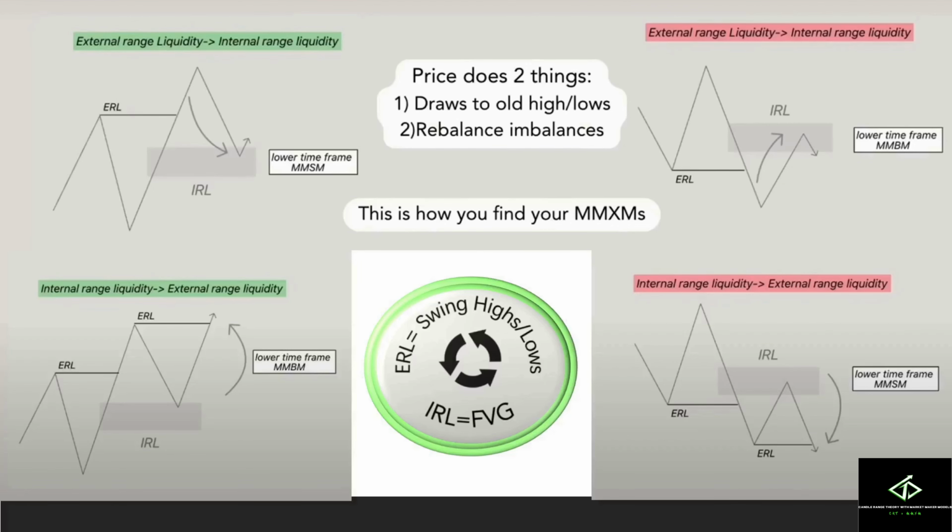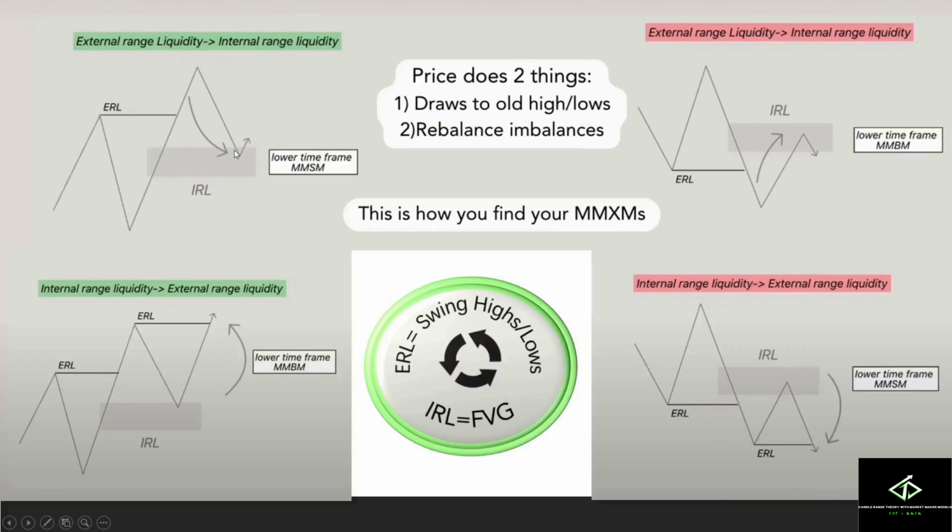So now how does price move? Price moves from external range to internal range and internal range to external range, right? So in this case, suppose this is the first case, it takes out the external range high, it goes somewhere here, price turns, it comes down to internal range. So when price moves in this direction, which is against the higher time frame direction, like the retracement move, what is this forming?